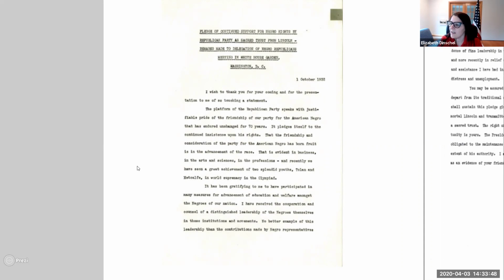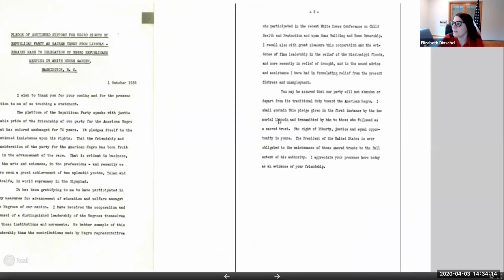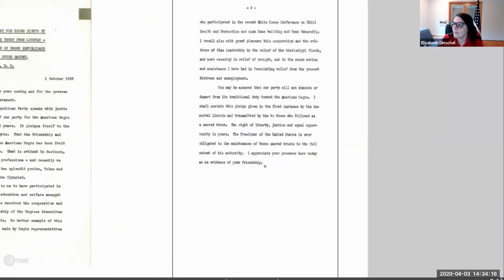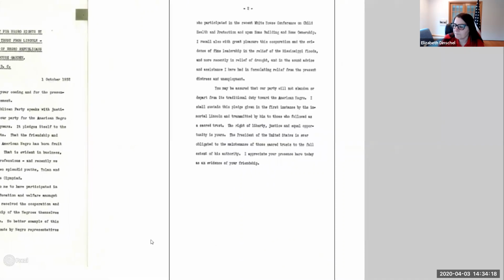It pledges itself to the continued insistence upon his rights, that the friendship and consideration of the party for the American Negro has borne fruit in the advancement of the race. That is evident in business, in the arts and sciences, in the professions, and recently we have seen great achievement of two splendid youths, and it goes on and on. And then here's the second half of that.